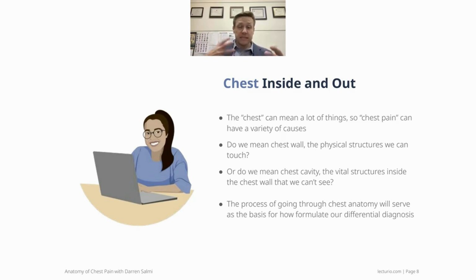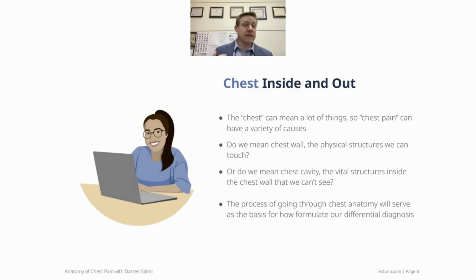But to someone who doesn't have the anatomic knowledge that you all have or soon will have, that could be a perfectly logical way of explaining it. I have pain in the region between my neck and my abdomen, right? And that's pretty vague. So chest pain itself can mean a lot of things, and there are a lot of causes for it. Do we mean the chest wall, the physical structures around the chest cavity, things we can touch?